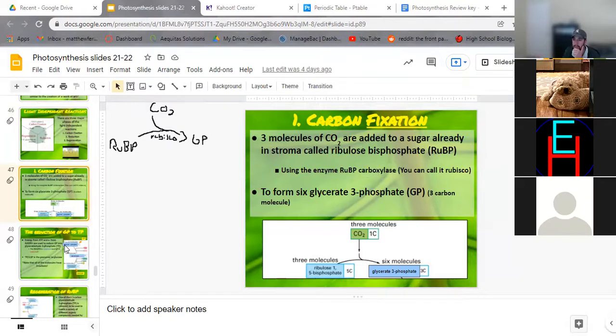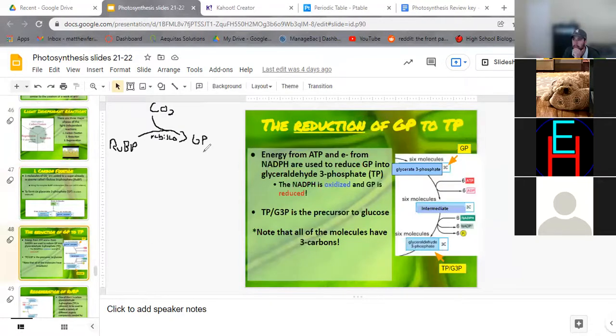Step 2 is called reduction. In step 2, what will happen is that we will reduce GP into TP. And if GP is getting reduced, what does that mean is happening to it? It gains electrons, which means, what molecule do we need that we made previously in the light dependent reactions that has electrons?